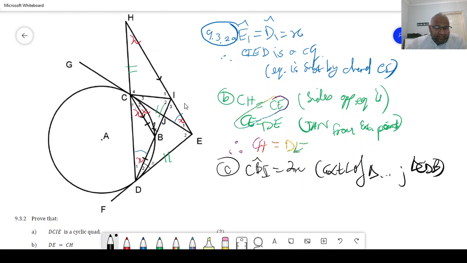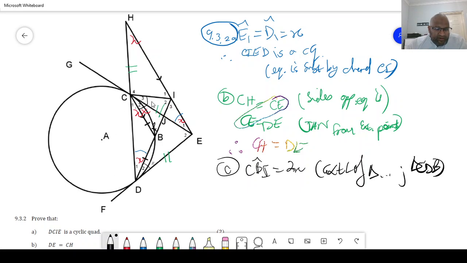However, I1, you see how we can link this? I1 is equal to the combination of C2 and 3, alternate angles there. But I need an angle for E3. If I can prove E3 is x, I've done the job. But we have already proved that CIED is a cyclic quad.